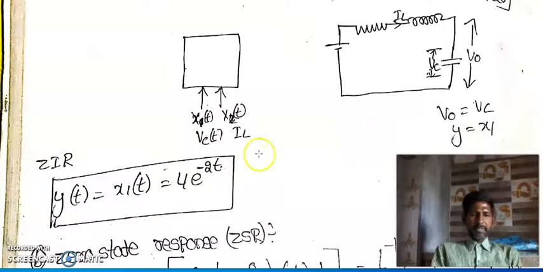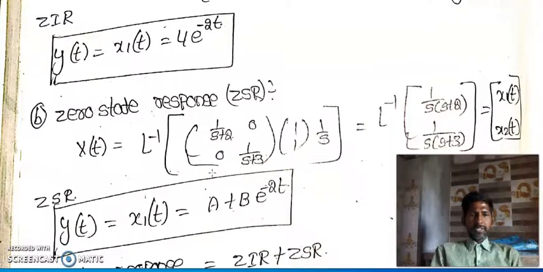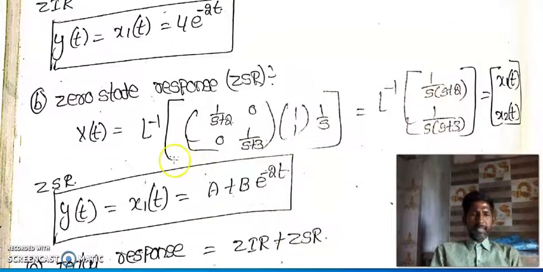Y of t equals x1 of t, 4 e power minus 2t. Zero state response: x1 of t is a plus b e power minus 2t. See here, the inverse Laplace transform of this.